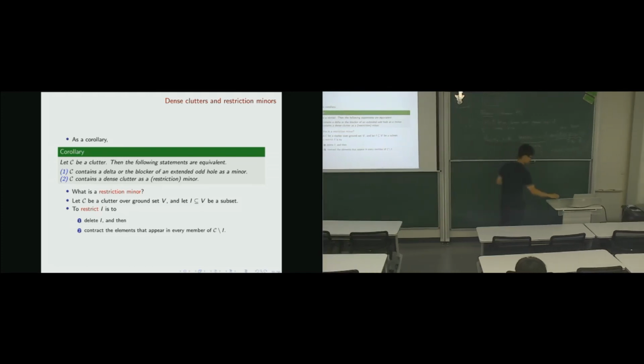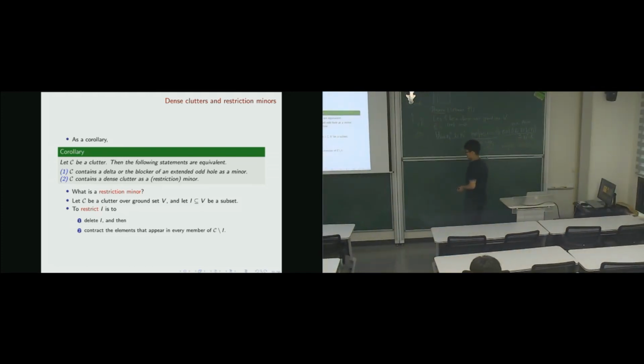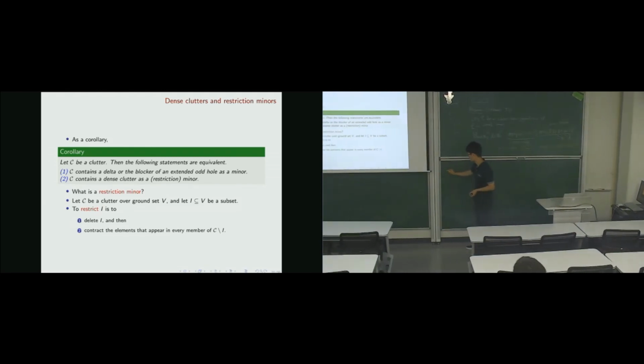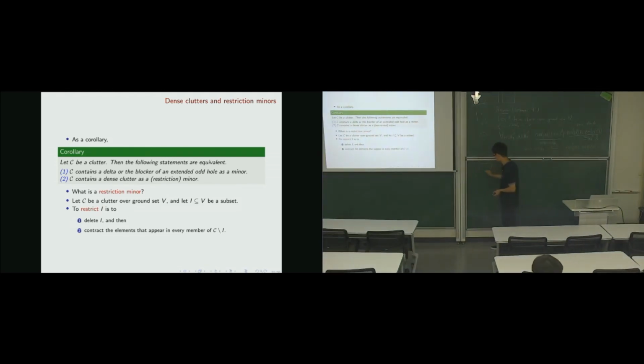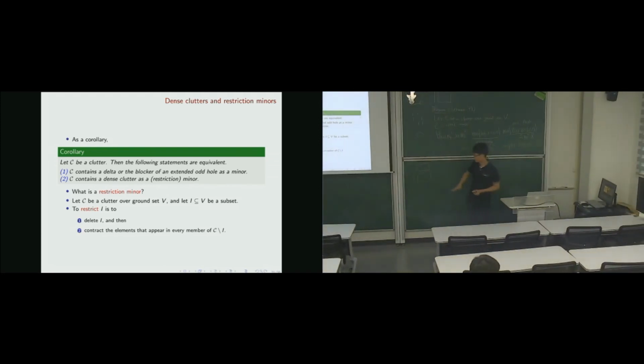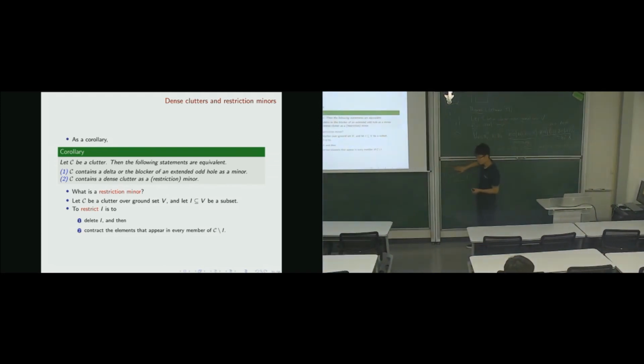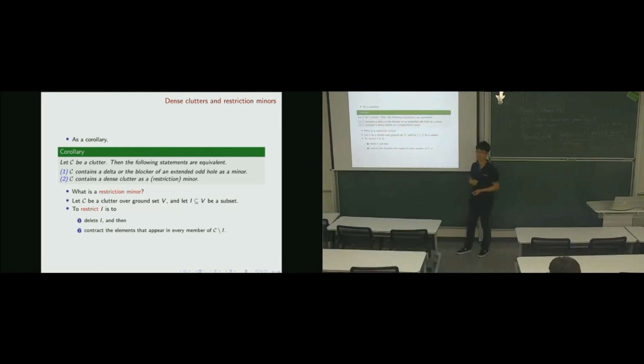So basically, if you have this matrix system, if you delete this element, then you need to delete the rows here. Then this element will appear in every row. You just need to contract this. The contraction only follows when there's a cover of size 1. Okay.